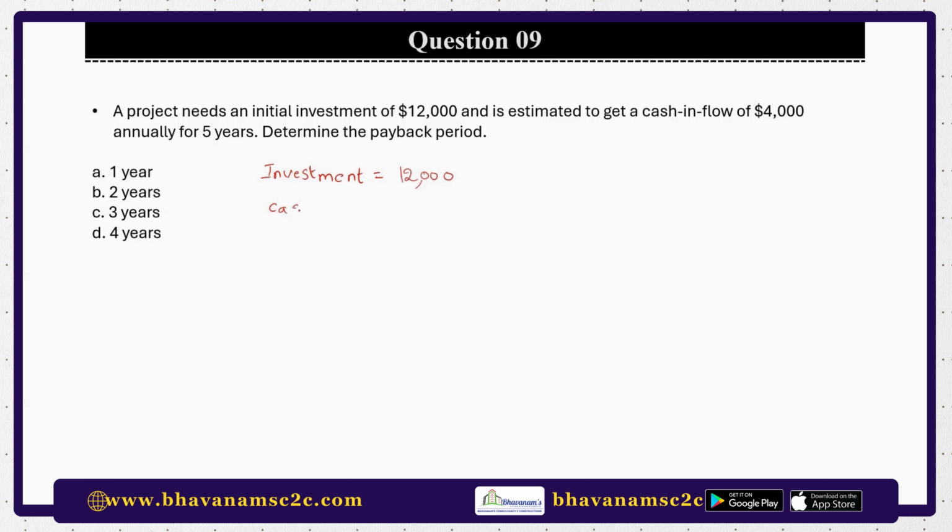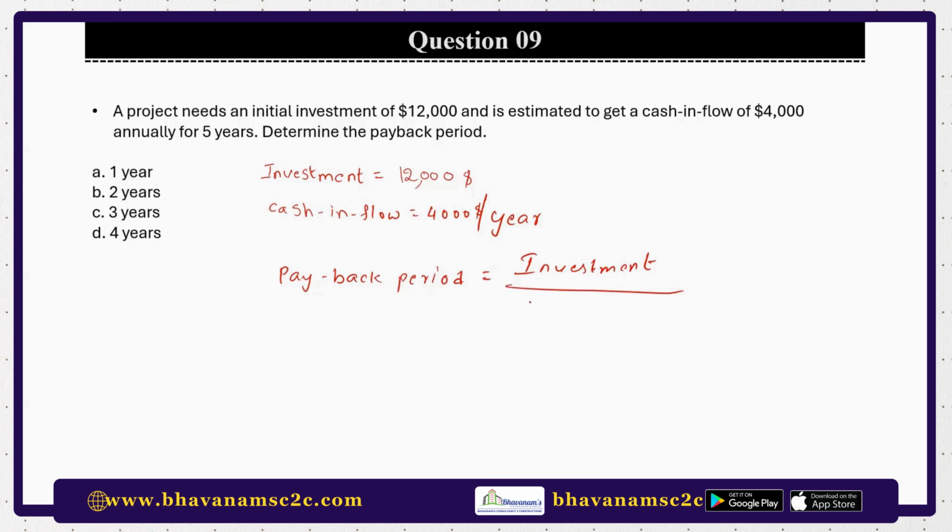So investment is 12,000 and cash inflow is 4,000 per year. Am I correct? So the payback period will be investment by cash inflow.